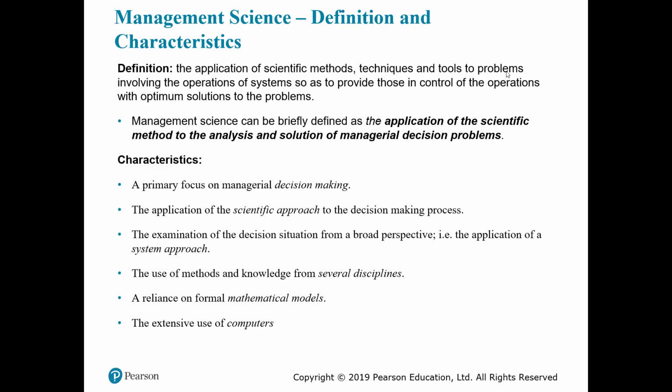This is to ensure that decision making is not based on guesswork. It's not based on experience. It's not based on intuition. But it is based on information deduced from what? The data. Using scientific analytical tools. The third characteristic of management science is that it uses a system approach.